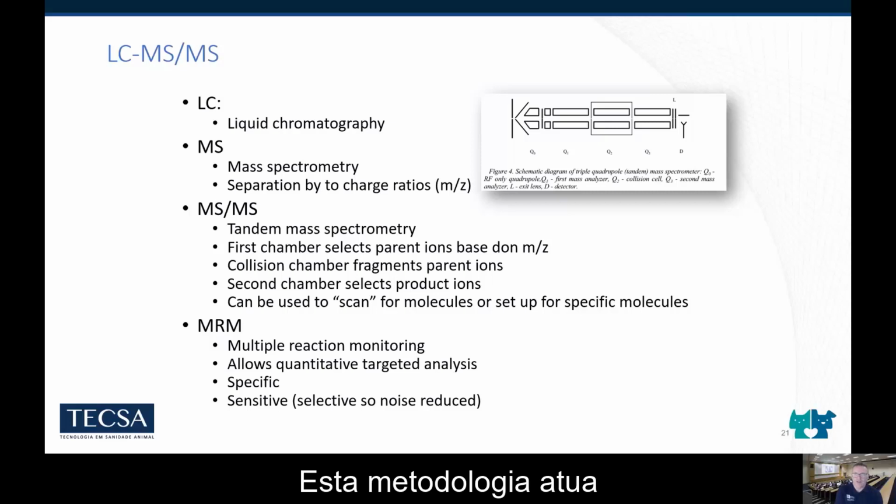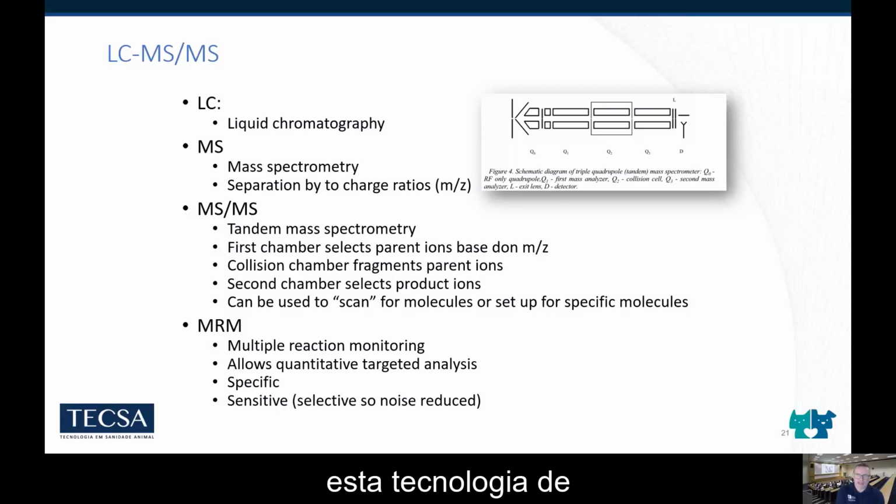And this methodology works by actually identifying the molecules that are present, the actual molecules in terms of the molecular structure and the fragments that they would break down into. It is highly specific for each molecule, will make a very distinctive pattern, and so it is possible to detect individual molecule types.